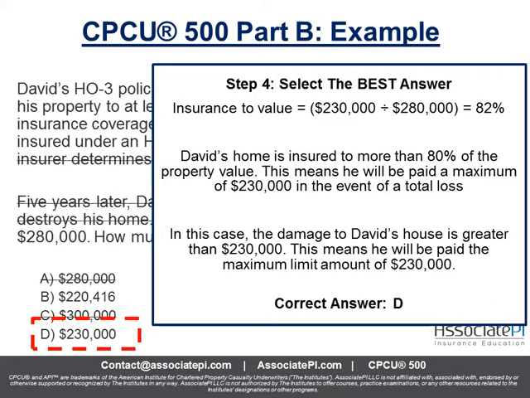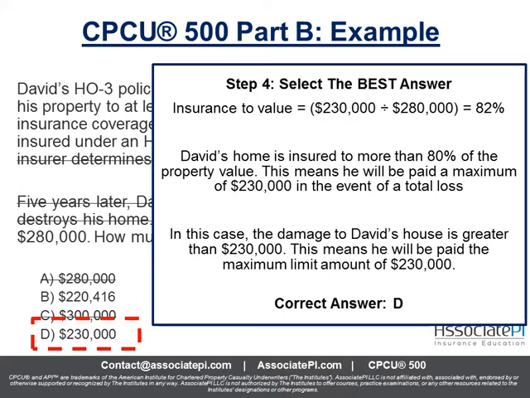The next step there is answering the question. So we know from our studying the CPCU 500 course that to determine insurance to value, we are dividing the $230,000 claimed by the $208,000 value of his property. So we know that the $230,000 limit of insurance divided by the $208,000 value of David's property.